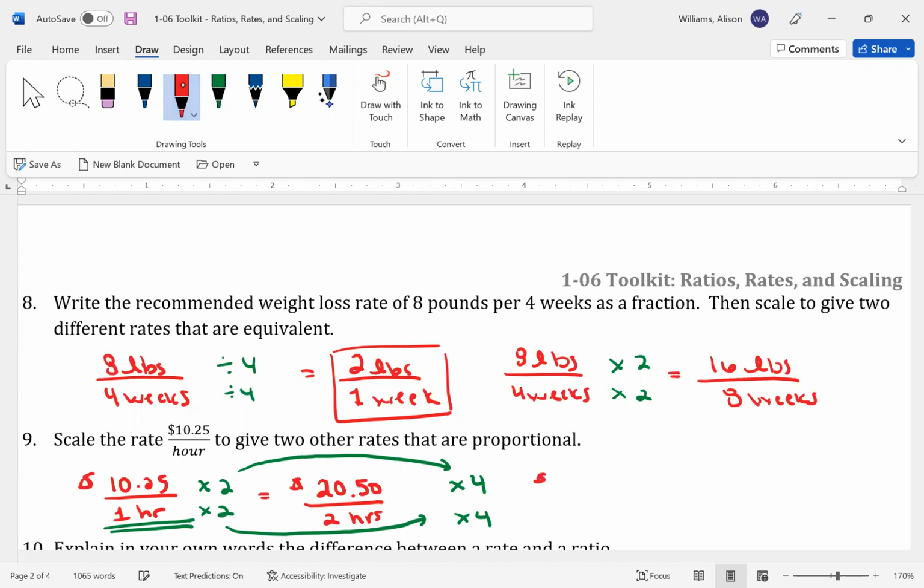And again, use your calculator if you're not sure. I chose 4 on purpose though, because I knew that 25 cents, 4 of them is going to add up to $1. So that was going to get rid of the decimal. So that's going to be 41 for 4 hours. So $41 every 4 hours. So there's 2 equivalent rates.